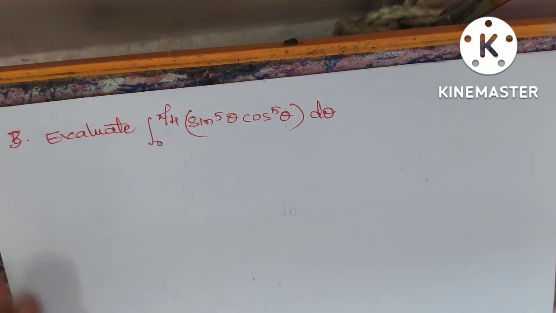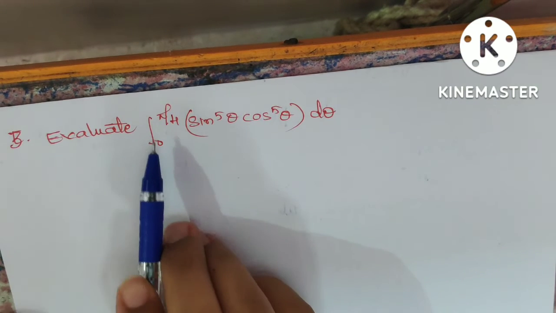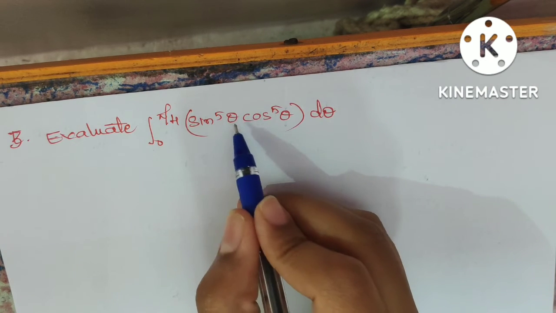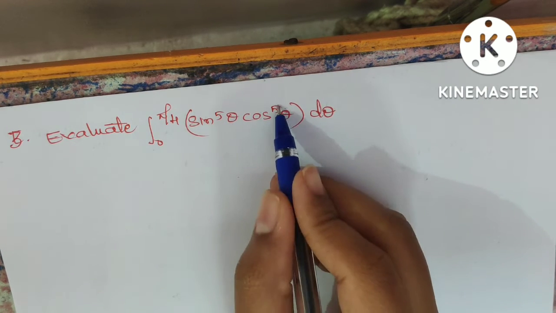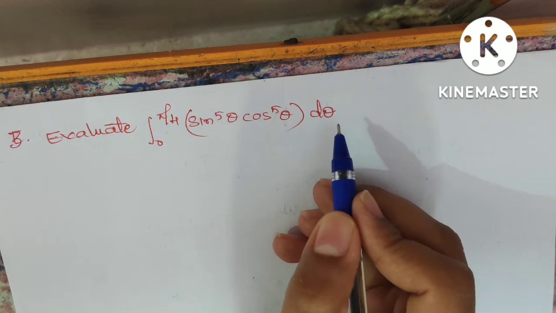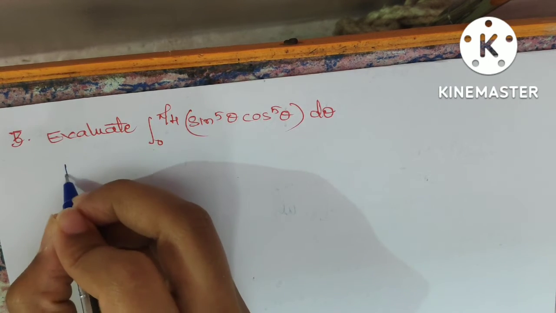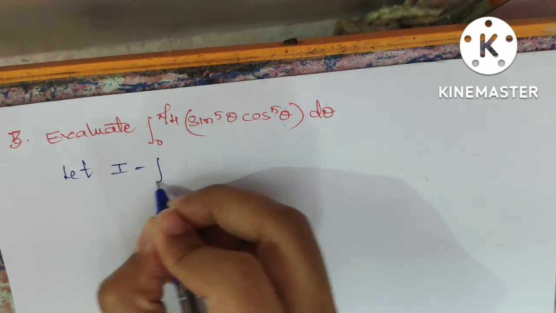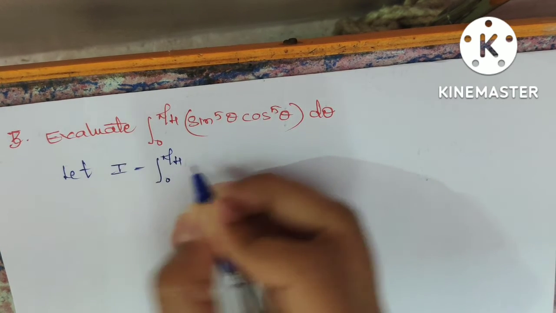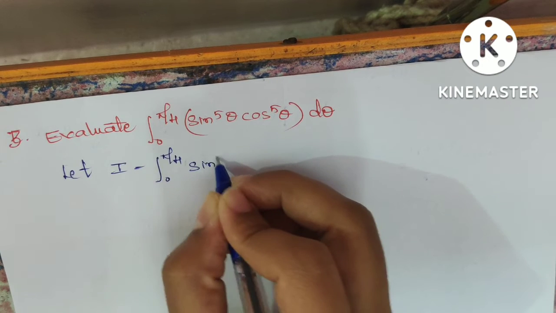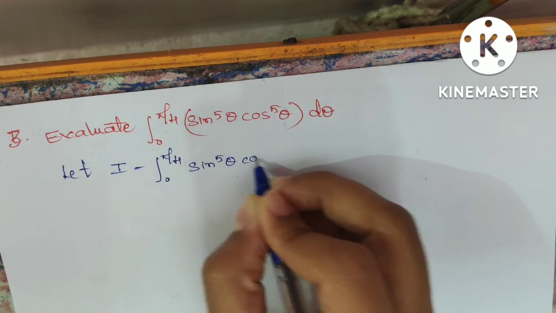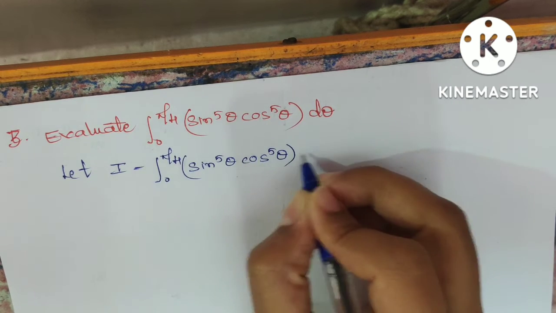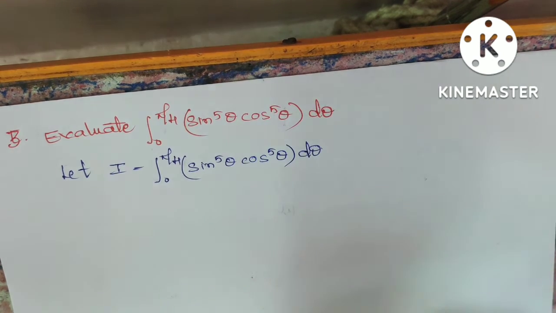So third example, evaluate integration from 0 to pi by 4 sine to the power of 5 theta cos to the power of 5 theta into d theta. Let I equals integration from 0 to pi by 4 sine to the power of 5 theta cos to the power of 5 theta into d theta.